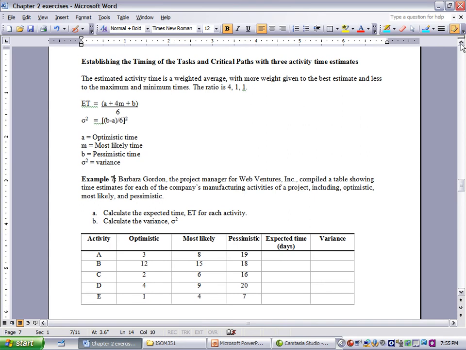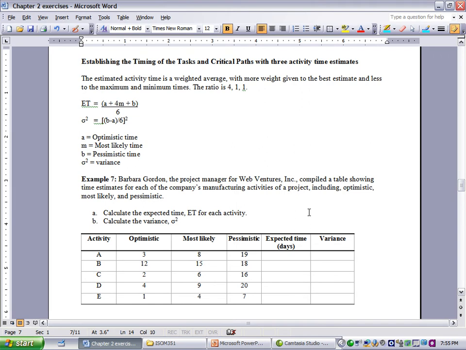When an activity faces uncertainty, the manager must identify 3 different sets of time to calculate the expected time. So for each activity, we are going to calculate the expected time by using the formula A plus 4M plus B divided by 6.